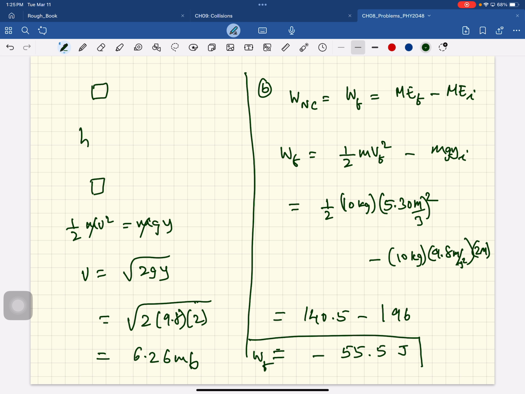So as promised, friction force, as we know, does negative work.